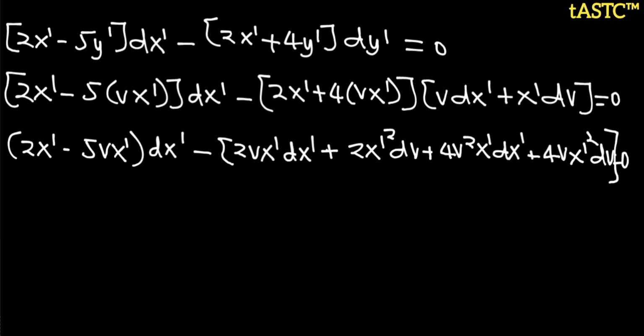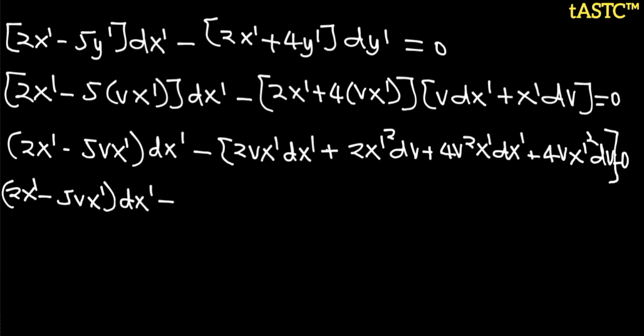So here we have this stuff already in terms of dx prime, so I don't really need to put it up. This is going to be (2x prime minus 5v x prime) dx prime, and here what I'm going to do is take out where the dx primes are, which is this and this, right?